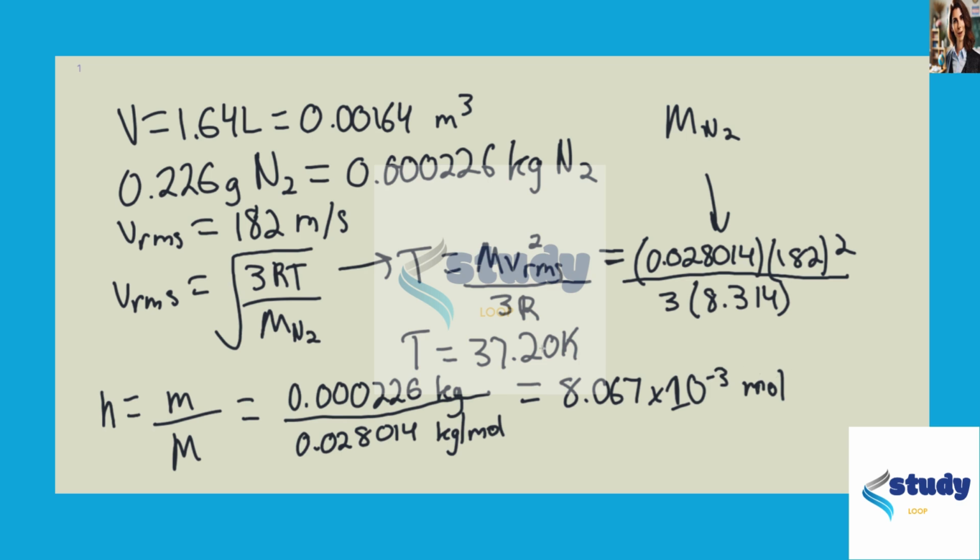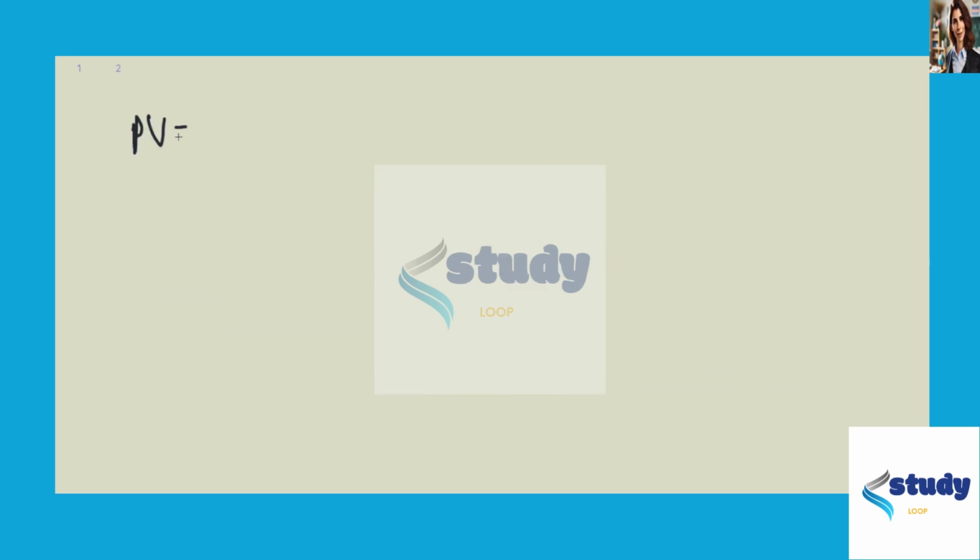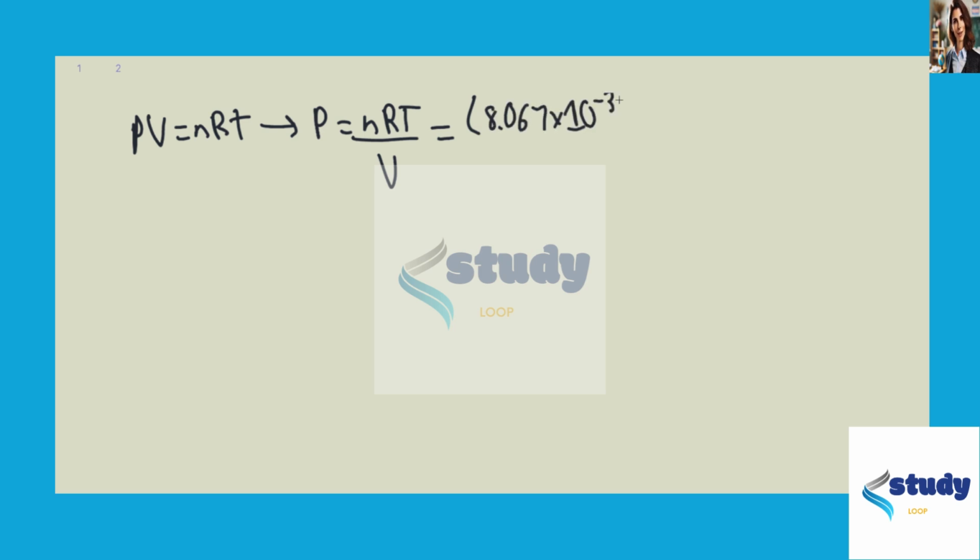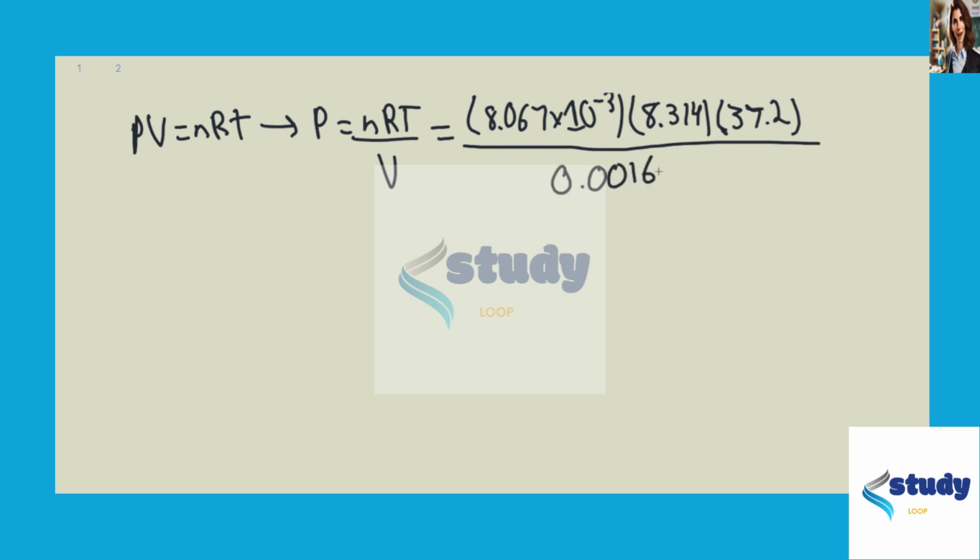And at this point, we have a temperature, we have a volume, and we have a number of moles. So now we can simply use the ideal gas law. PV equals nRT, and P is going to be equal to nRT over V. And we simply need to plug in, so 8.067 times 10 to the negative third, times 8.314, our ideal gas constant, and then times the temperature of 37.2 Kelvin, all divided by the volume of 0.00164.